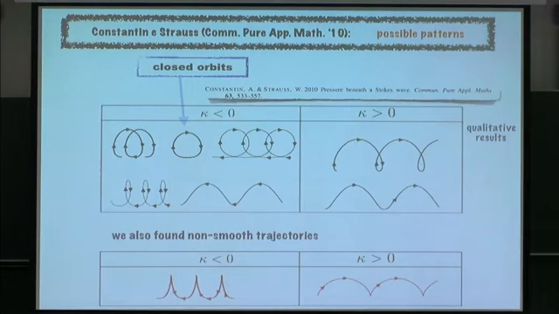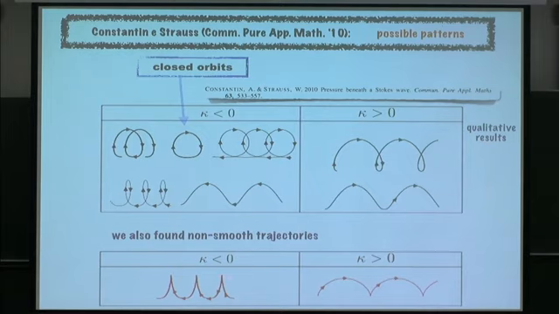Okay. So these are the types of orbits that are indicated in the Constantin-Strauss paper. And when we do the numerics, we're able to find these closed orbits, which were our first target. And we also found these orbits here, which are loops where the loop goes to zero, a perfect balance between trying to loop and the wave bringing the particle back in the other direction.